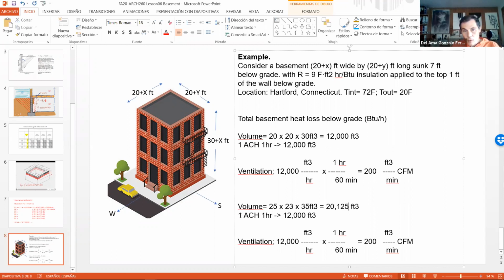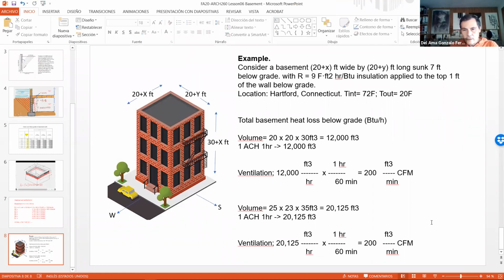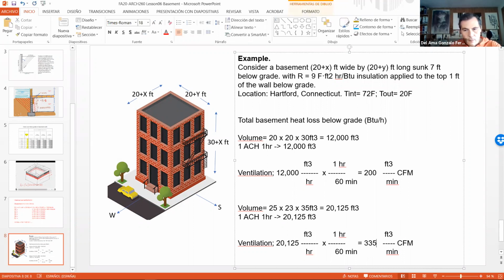So one air change per hour is this figure, 20,125 cubic feet. And if I divide this by 60, this is 335 cubic feet per minute.